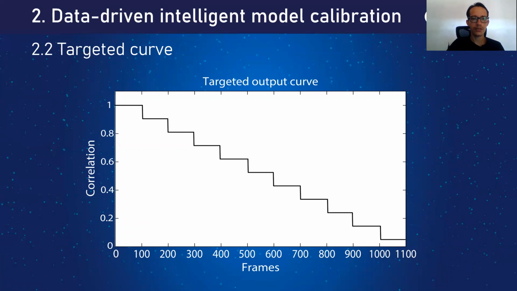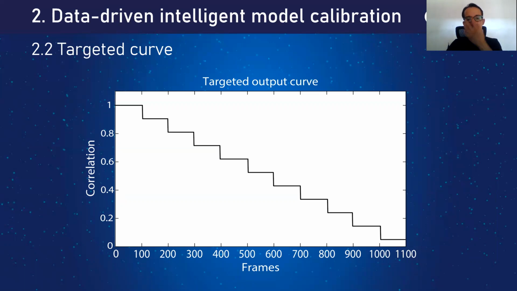The targeted output curve is an important thing for the method. This curve is based on the behavior of the axial strain applied on the fiber during the controlled experiment.